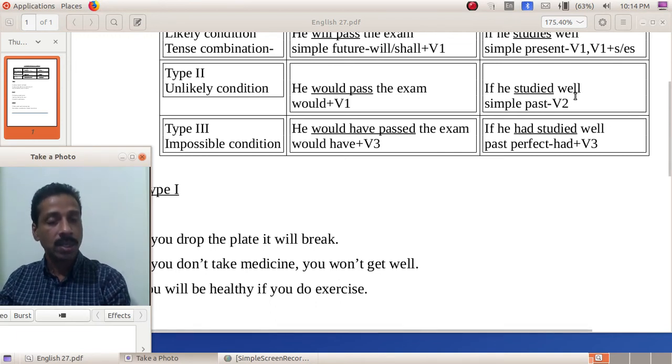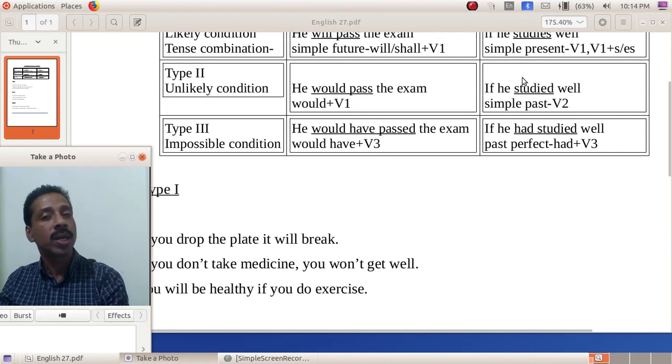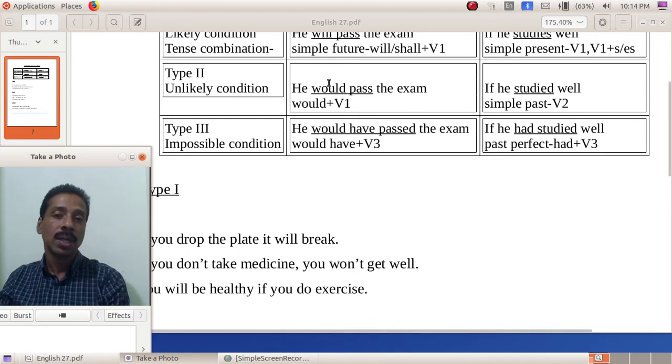In this context, it is to show our doubt regarding the fulfillment of this action, and this is the condition for the fulfillment of this action. So if this action doesn't take place, this also won't take place. So in order to show our doubt, we use this type 2 conditional clause, that is unlikely conditional clause.